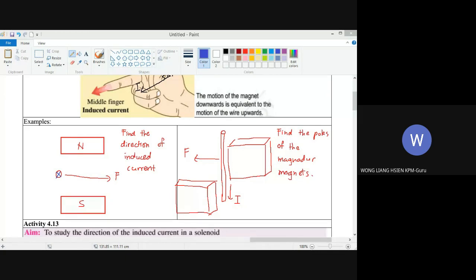Okay, very good, inward. Okay, so next is the pole of the magnet. What are the poles?